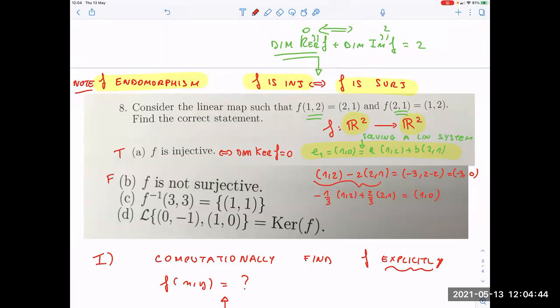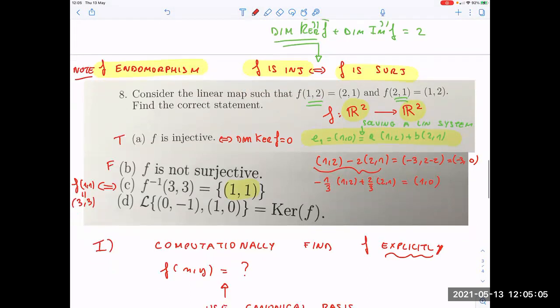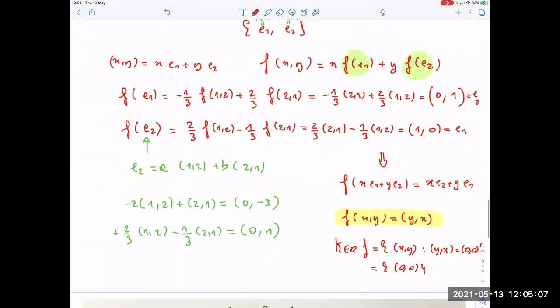Then, for example, how do you check if f^-1 of (3, 3) is equal to (1, 1)? Well, this is true if and only if f of (1, 1) is equal to (3, 3). But if you compute using what we have here, this is telling me that f of (1, 1) is (1, 1).